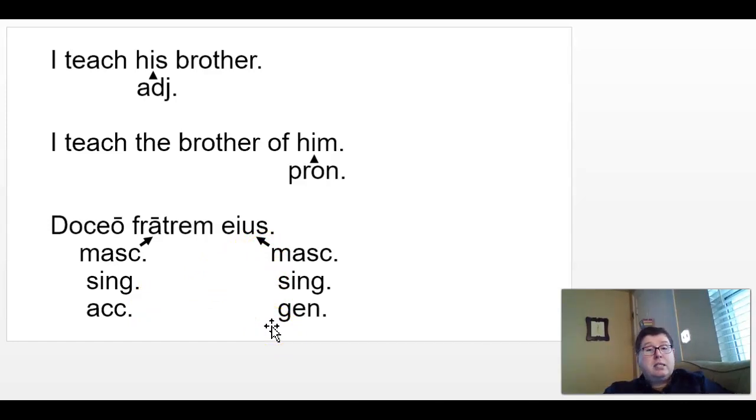So unlike possessive adjectives, we don't care about what gender, number, and case this noun is. The other thing to keep in mind, and we'll see it in the next sentence, is that this eius, the gender that we're going to choose, is dependent on the gender of the possessor, not of the noun that it modifies.